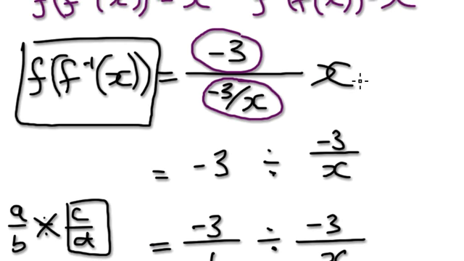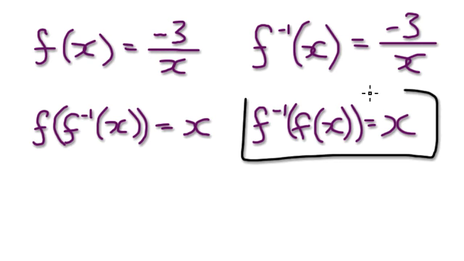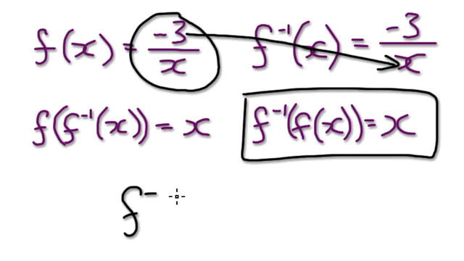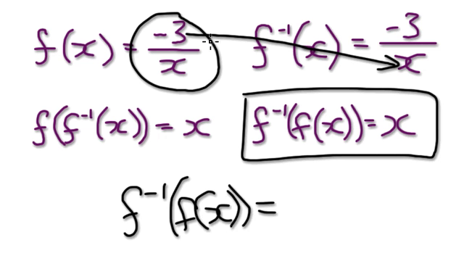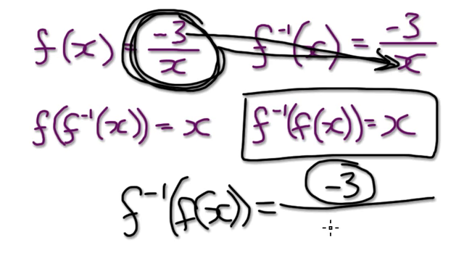Okay, so now going back to here, let's clear this up. Now we've got to show this one. This time we're going to put this into here. So this will be f of the bracket equals minus 3 divided by negative 3 over x.